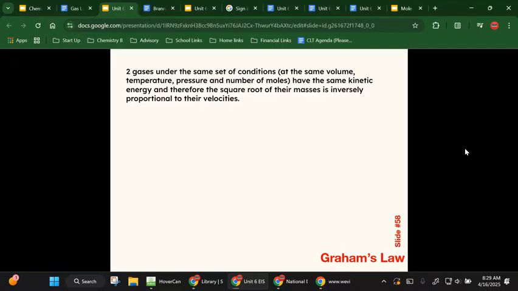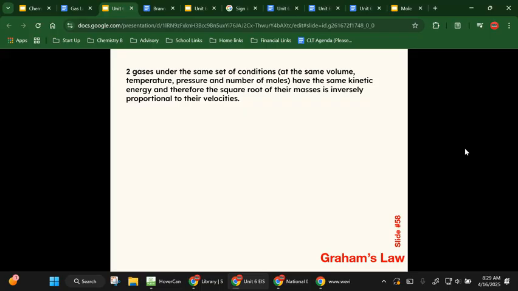Okay? Graham's law says two gases under the same set of conditions, meaning they're at the same volume, the same temperature, the same pressure, and the same number of moles, have the same kinetic energy. Why do they have the same kinetic energy?